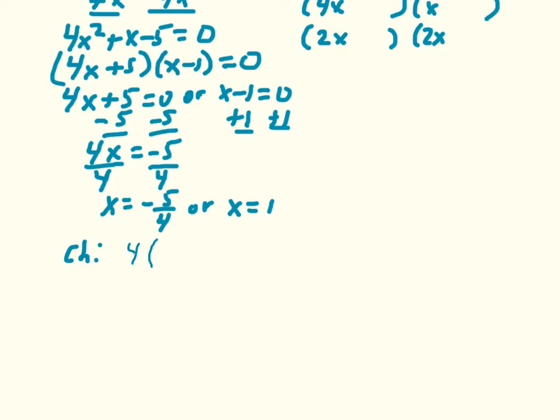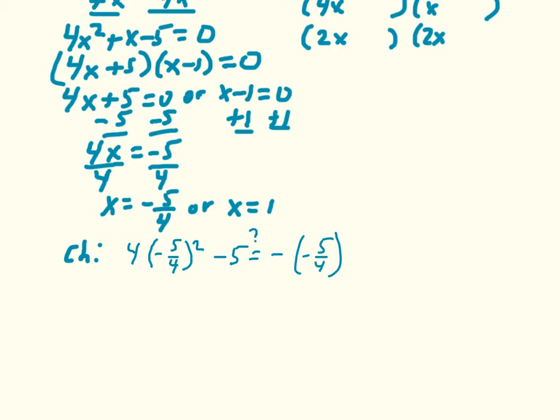So my original equation is 4 times negative 5/4 squared minus 5. Does that equal negative x? And negative x is, I should plug in the opposite of negative 5/4, so 5/4. So that's a question mark.